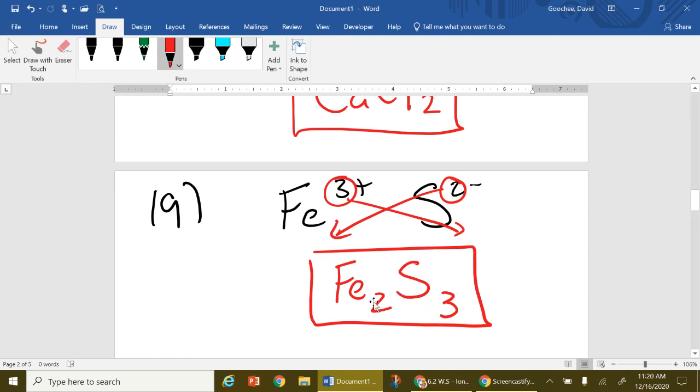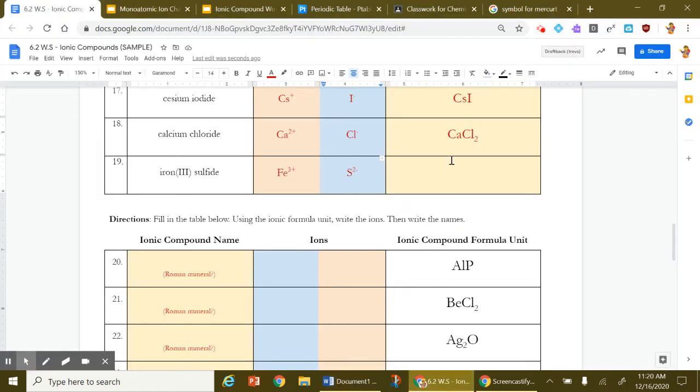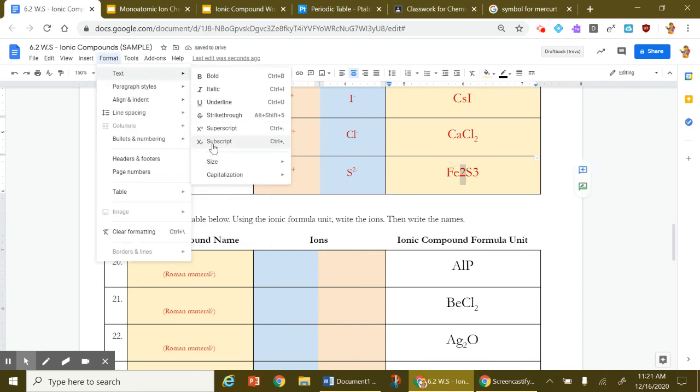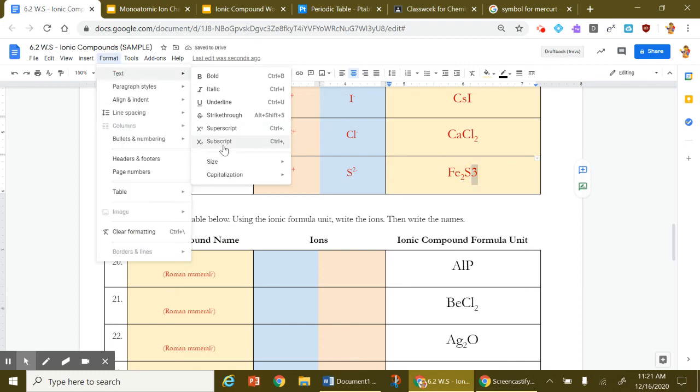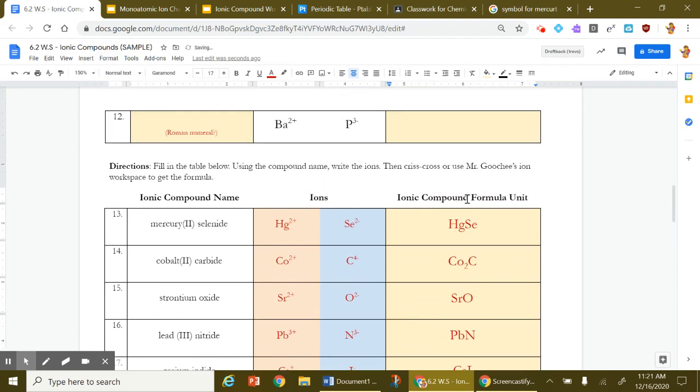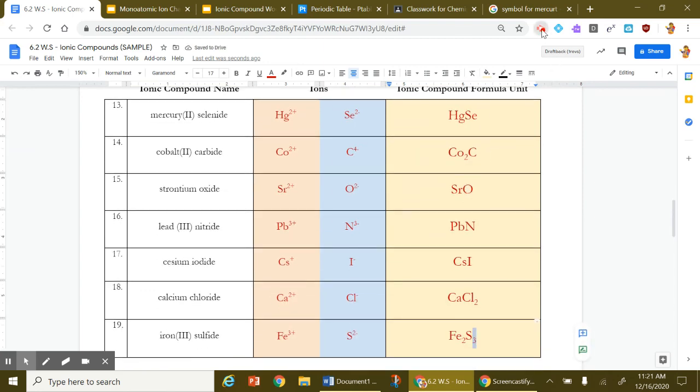I can't reduce it. I can't reduce 2 and 3, so that's the formula. Fe2S3. Okay, here I go. Got to make sure that I do text subscripts. Bam. Okay, guys, so that was numbers 13 through 19.